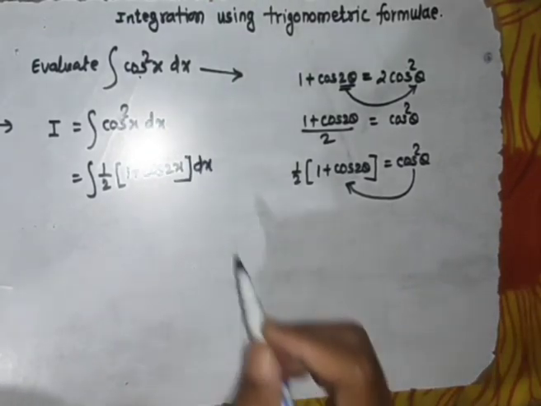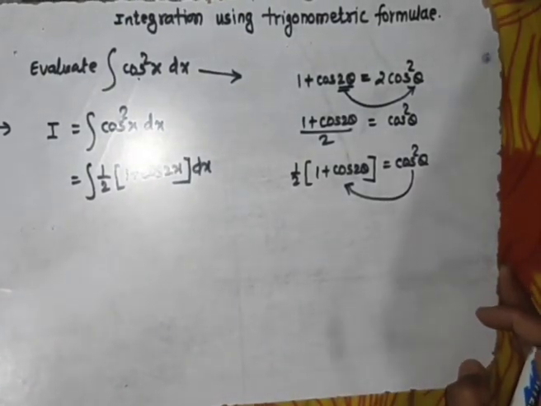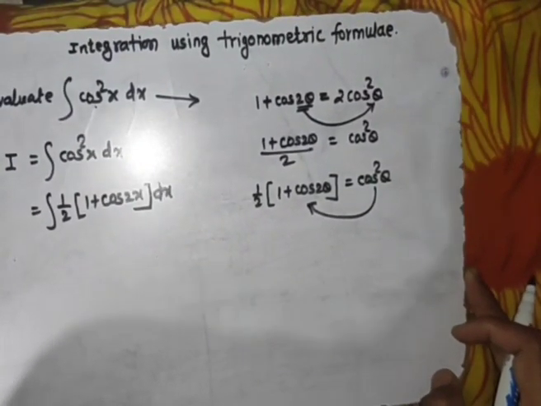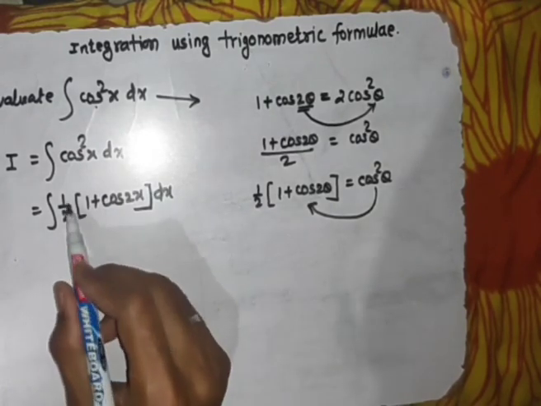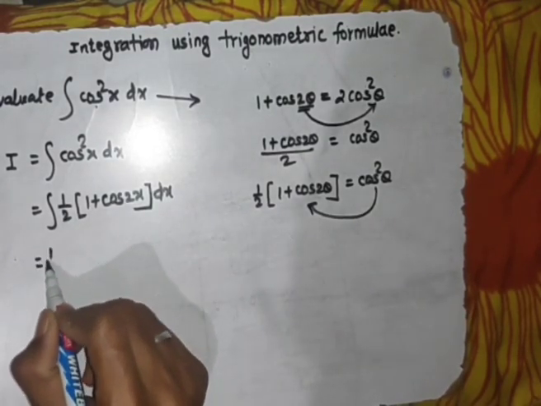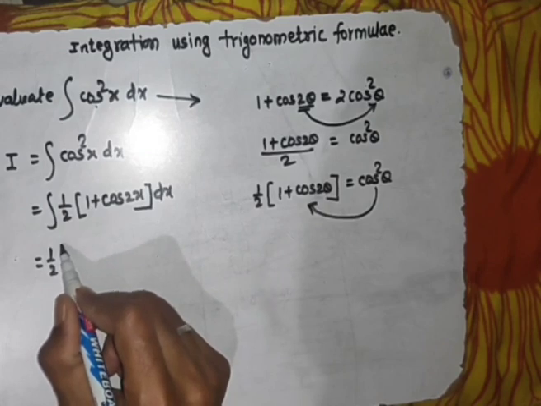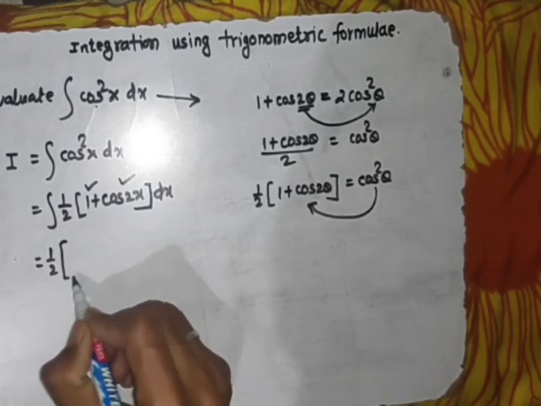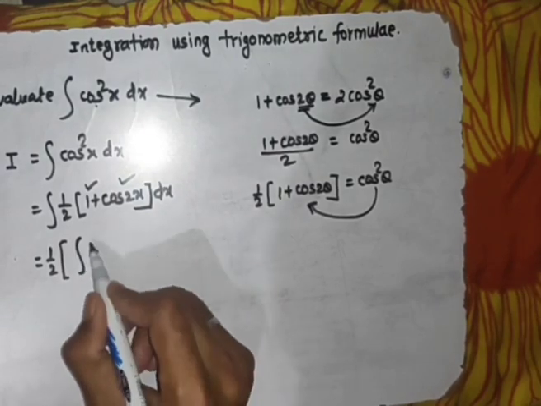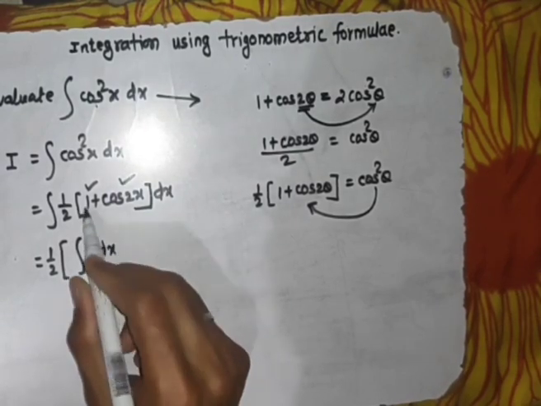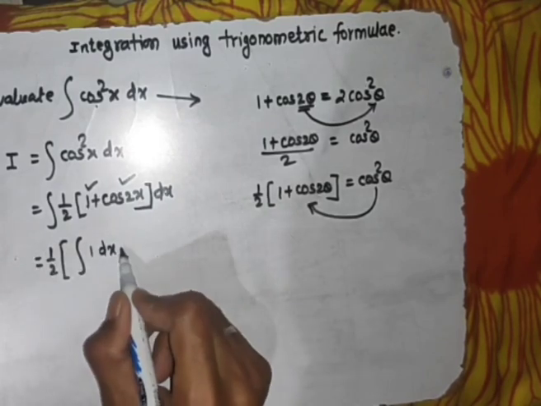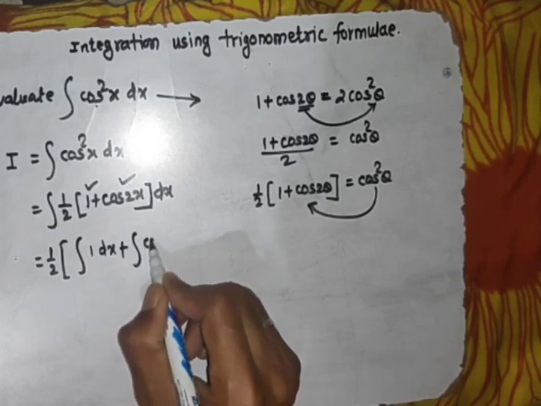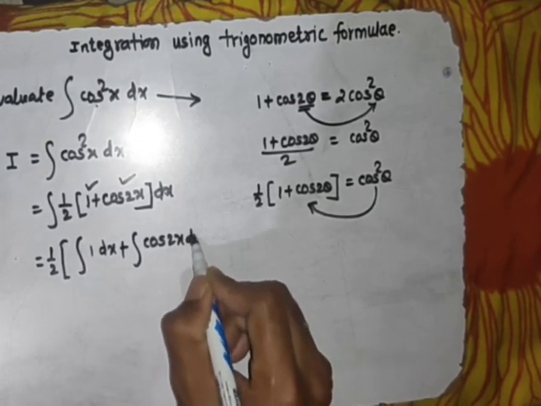We have to integrate with respect to x. Now taking 1 by 2 constant outside the integration and taking term by term integration of these two terms, notice this step: integration of 1 with respect to x, plus integration of cos 2x dx.